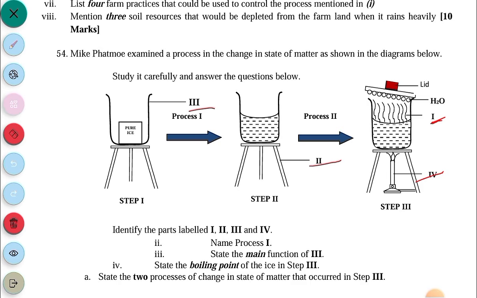Then IV says state the boiling point of water in step 3. So the boiling point is 100 degrees Celsius. Then the last question is state 2 processes of change of state of matter that occurred in III. So in III, evaporation took place, then condensation also took place.